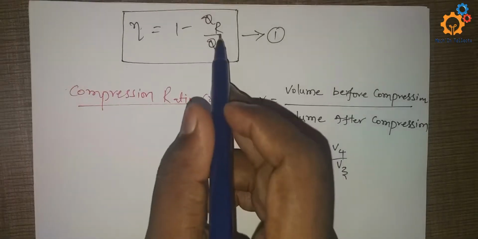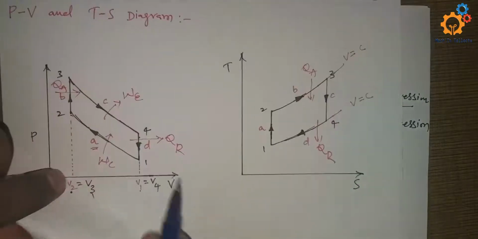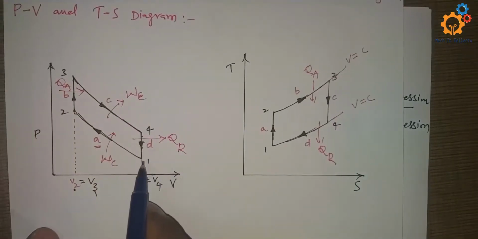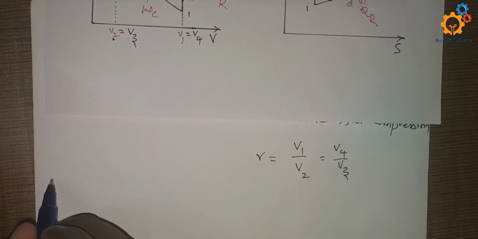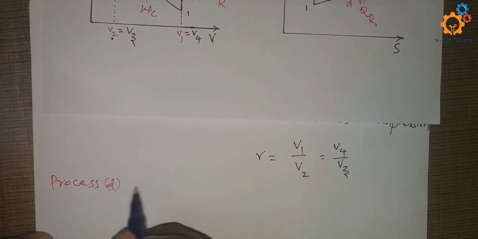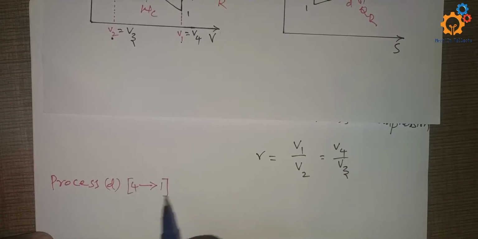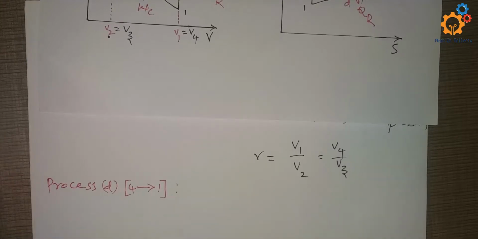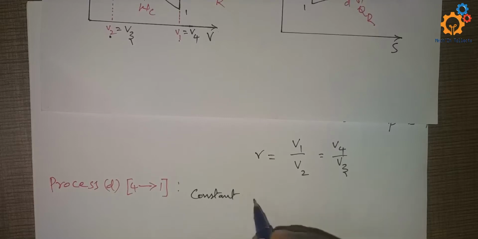Now what is QR? QR is a heat rejected in the process 4 to 1. That means process D. So take process D, that is 4 to 1. It is constant volume heat rejection process.